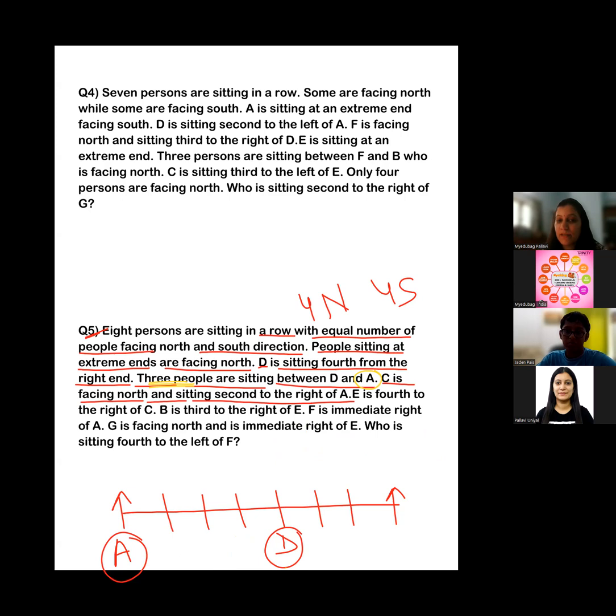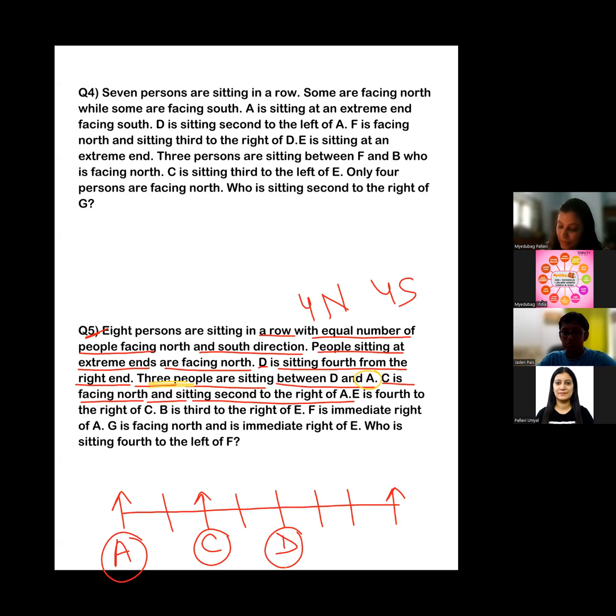C is second to the right of A, so it will be on this side only. 1 place and 2 place. That means here, second to the right. Correct? It is also given C is facing north, so we can draw an arrow. This much understood?